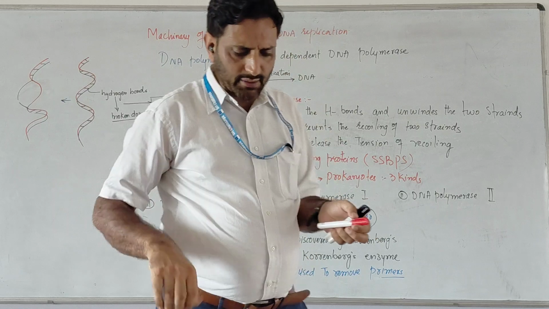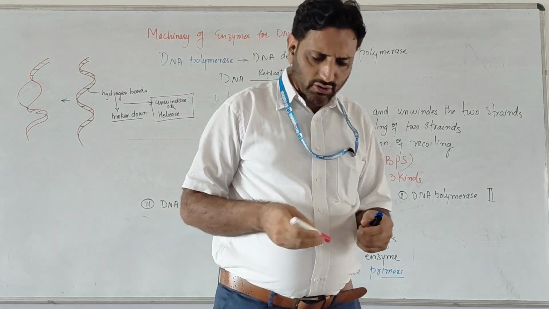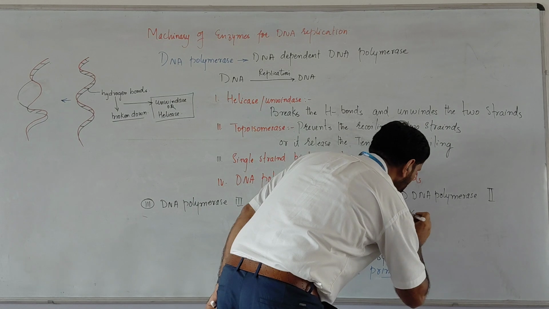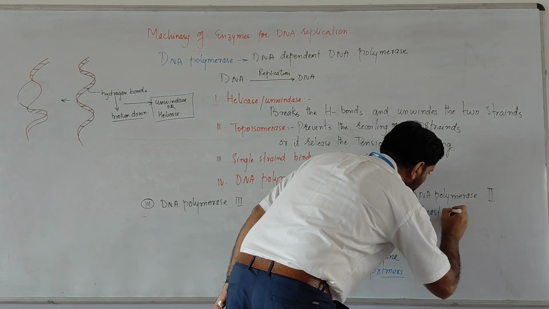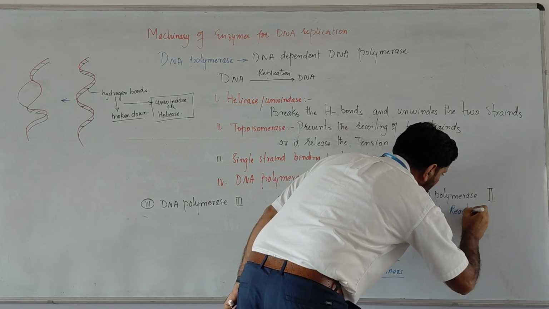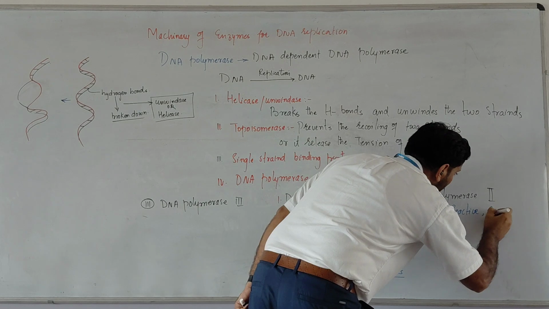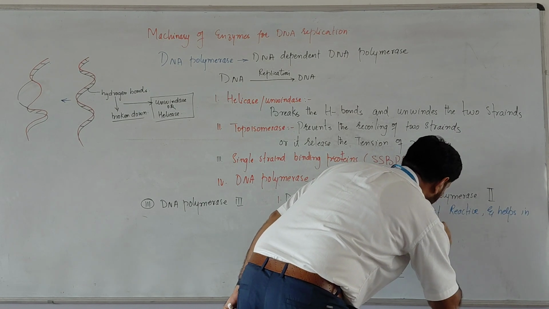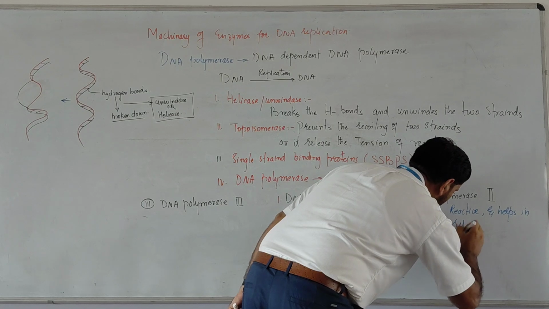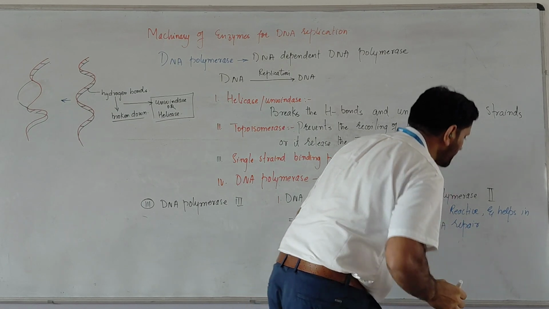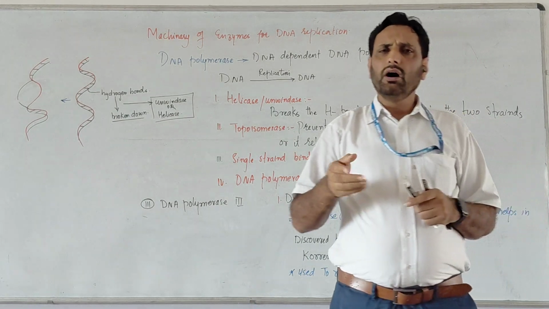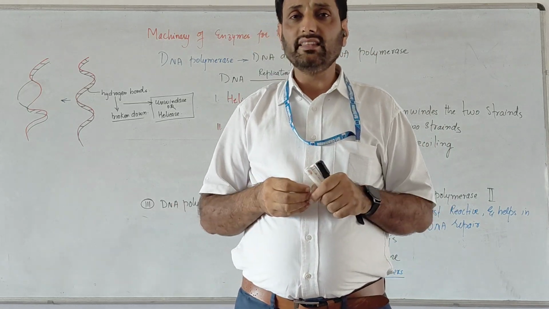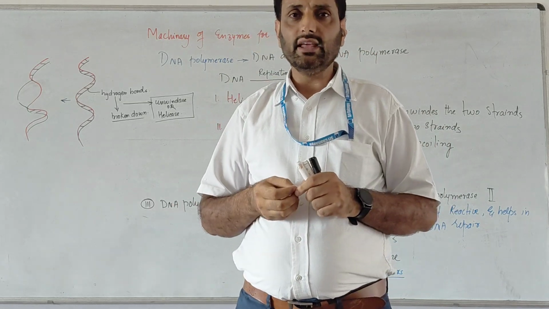Next is DNA polymerase 2. It is least reactive and helps in DNA repair. After replication, there are some wrongly added bases and some problems in the newly synthesized DNA molecule.